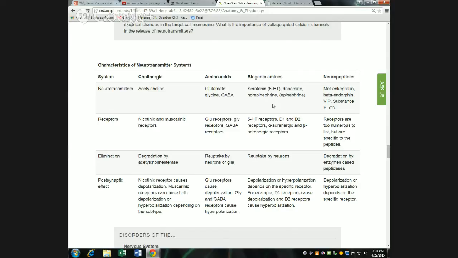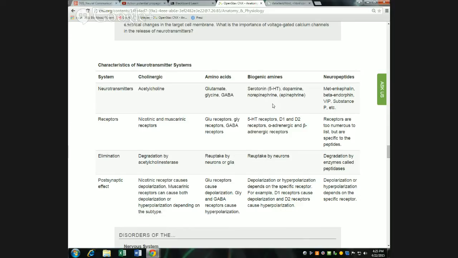Now, a second ago I was saying the D1 and D2 receptors, one of them is excitatory, one of them is inhibitory. The alpha and beta receptors, it's not that one is one way and the other is the other way, but there are multiple types of alpha and multiple types of beta receptors. Some of them are excitatory, some of them are inhibitory.